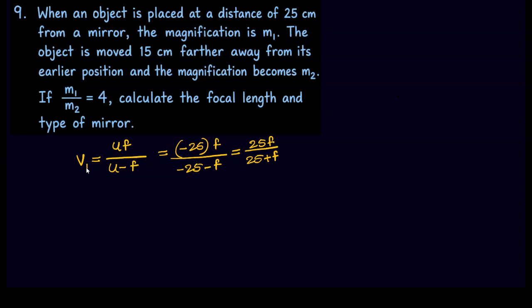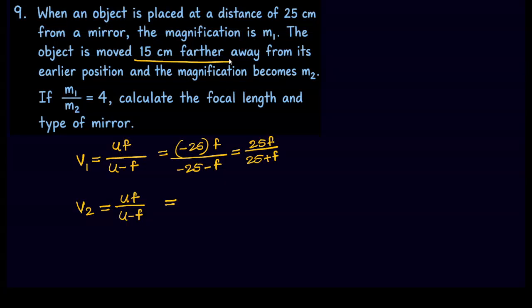Next one, v2. Same thing, that is uf by u minus f. How much is u here? Now it has moved further away, that means 25 plus 15.